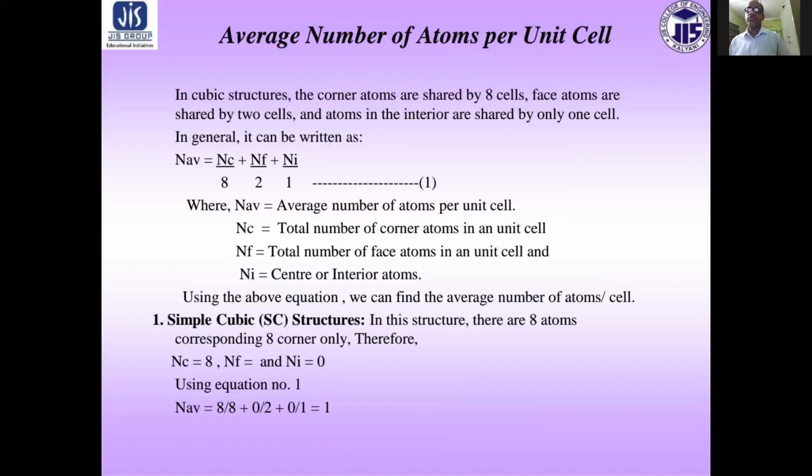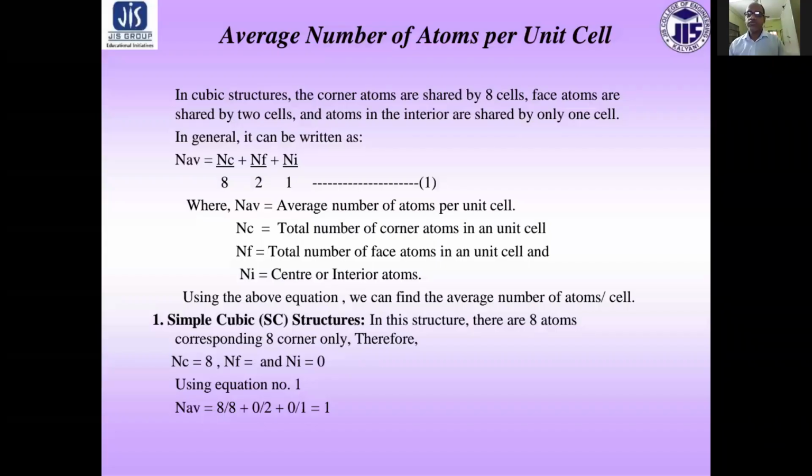First of all, we have to find the average number of atoms per unit cell. In a cubic structure, the corner atoms are shared by 8 cells, face atoms are shared by 2 cells, and atoms in the interior are shared by only 1 cell.